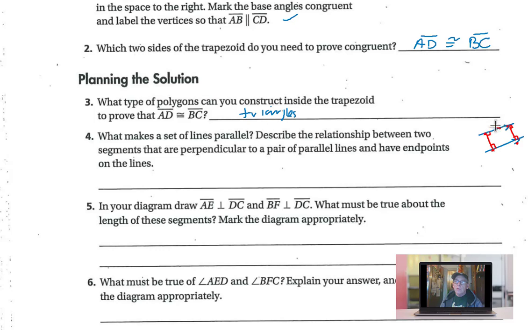If these lines are parallel, then they're always going to be the same distance apart. So if you measure along the same angle between the two parallel lines, these distances are going to be the same. So those two segments perpendicular to the set of parallel lines would be congruent to each other. So the relationship, the segments would be congruent. And they're also parallel.